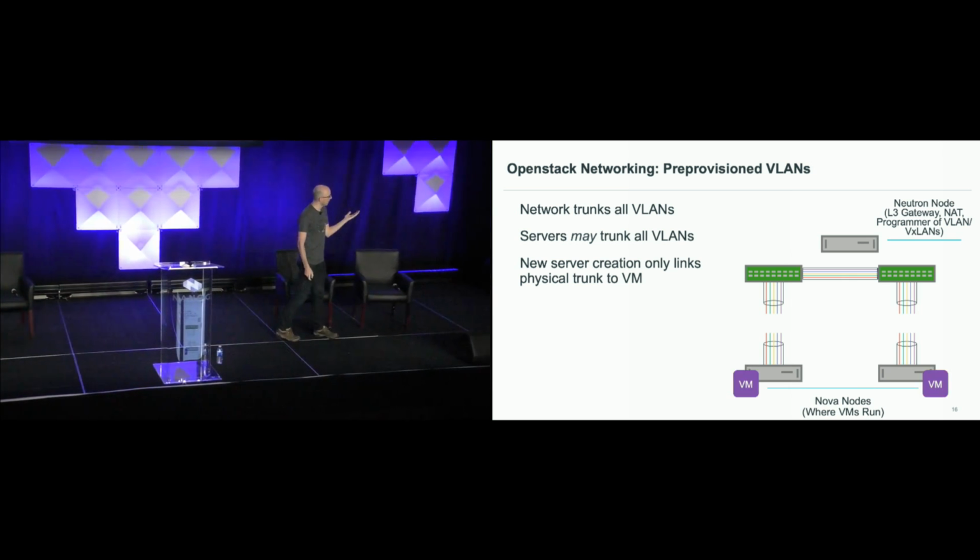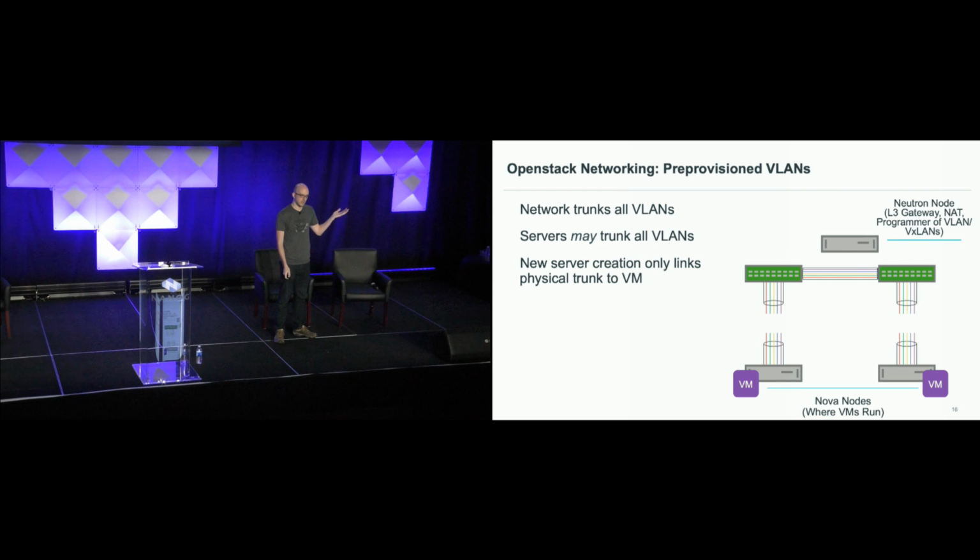So I spin up a VM, a new tenant, in one of these VLANs. The Neutron node will poke the compute nodes where that VM stood up and attach it to the VLAN that was already provisioned. So we have from the OS down to the NIC, the VLAN was already there. And what Neutron's doing is it's going from the VM or the vSwitch down to the hypervisor.